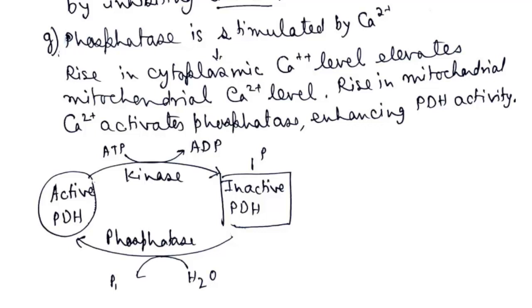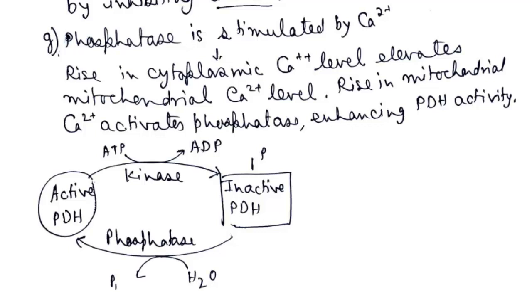resulting in increased PDH activity. So, in a nutshell, for phosphorylation, we should remember that when there is increased energy need, there is stimulation by this pyruvate dehydrogenase phosphatase enzyme, and when no energy is required, this enzyme is inhibited by pyruvate dehydrogenase kinase.